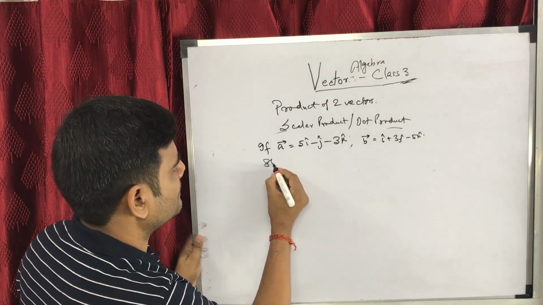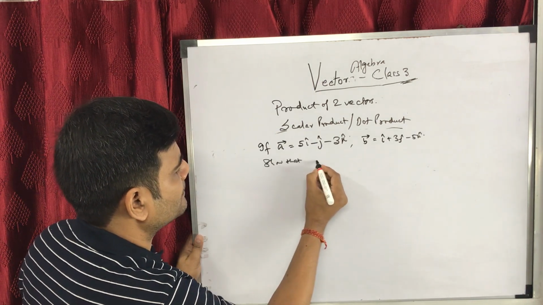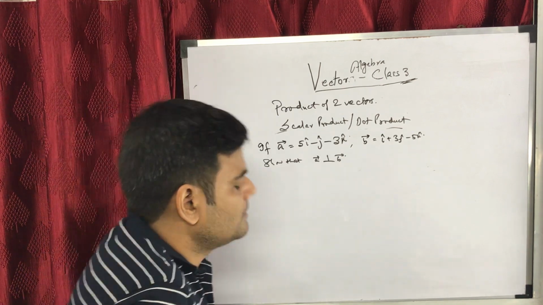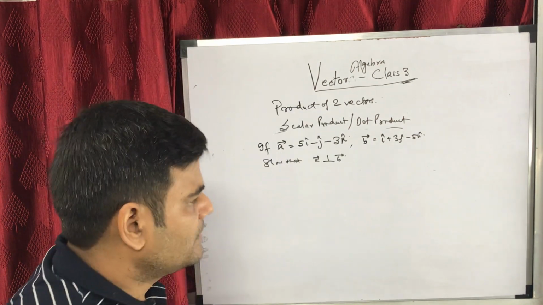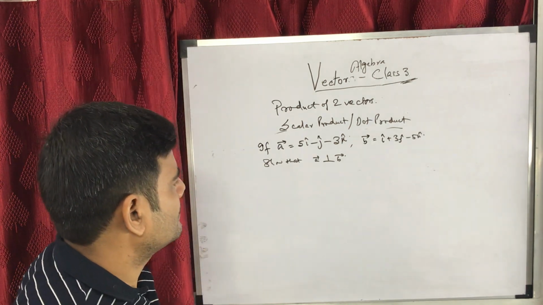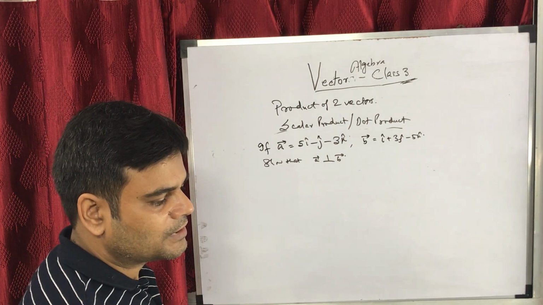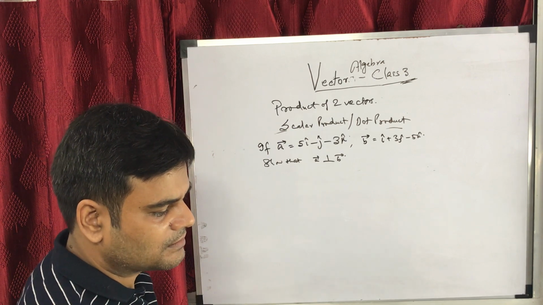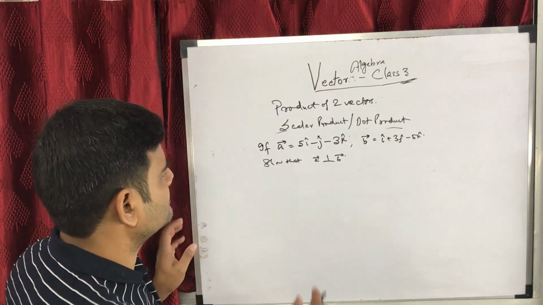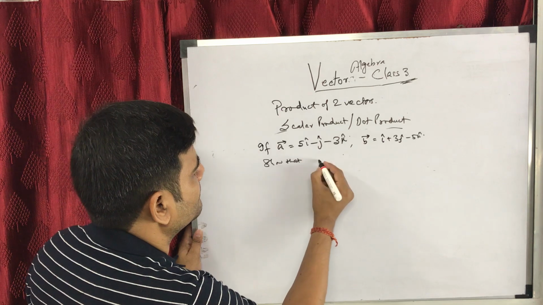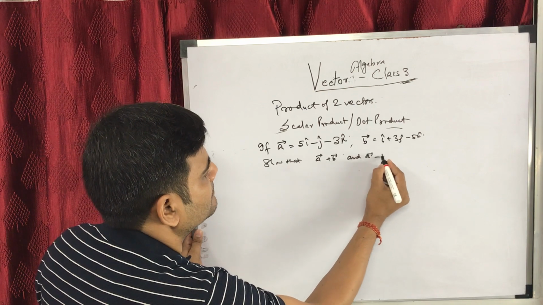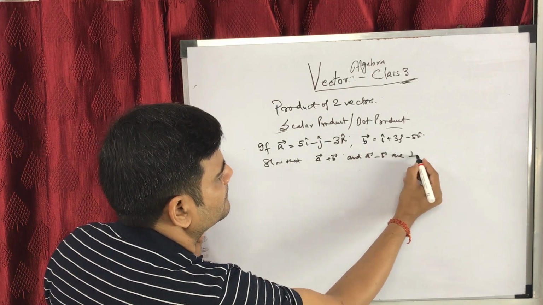Show that A is perpendicular to B. You know, A is perpendicular to B when they are at 90 degrees. So I need to prove, do I need to calculate angles? Definitely. So first of all, the vectors A plus B and A minus B are perpendicular to each other.